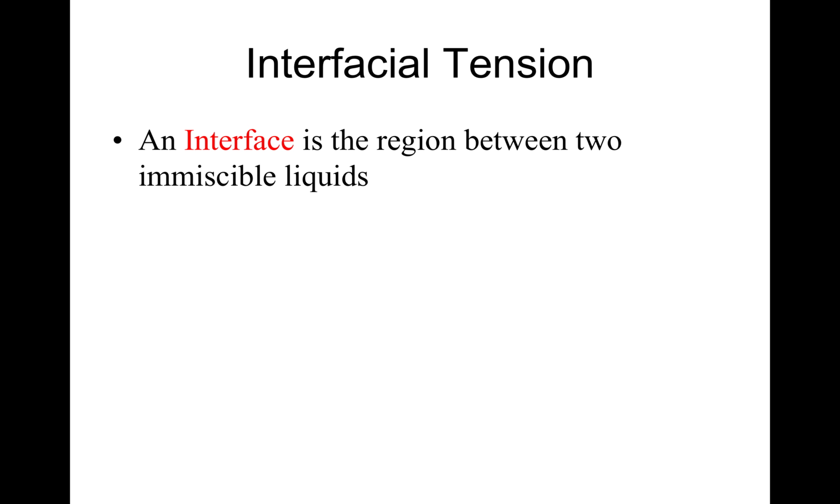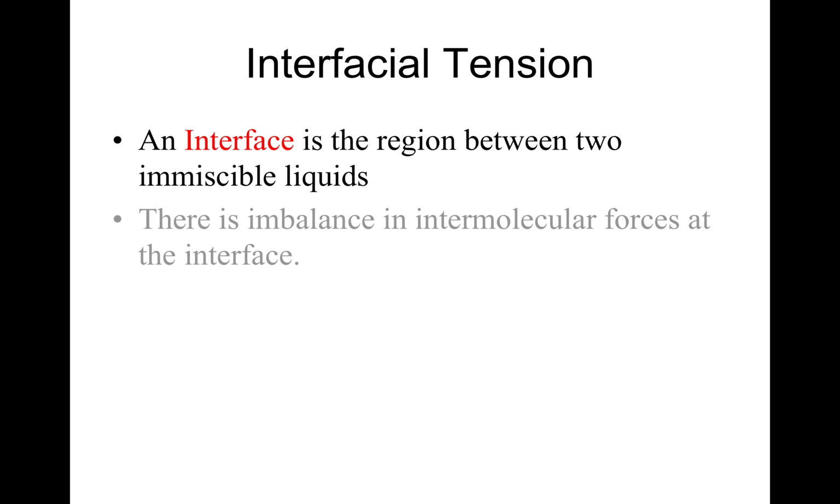An interface is a region between two immiscible liquids. So we can then think of interfacial tension, whereas we have initially been talking about surface tension. Even in this, there is an imbalance in intermolecular forces at the interface.